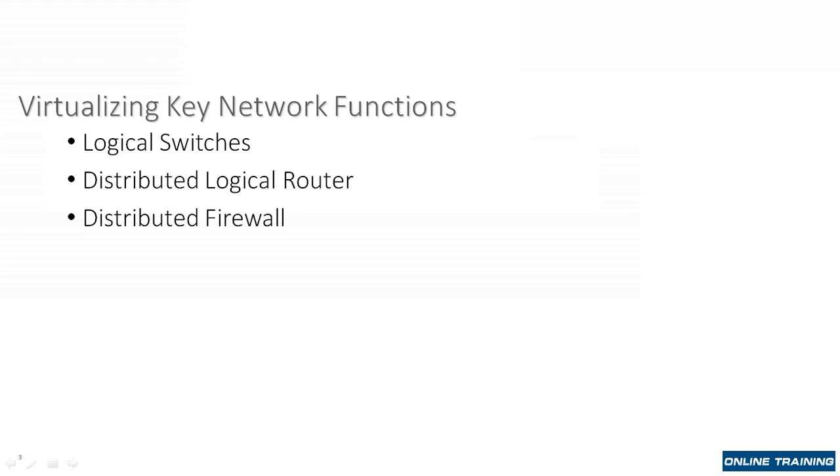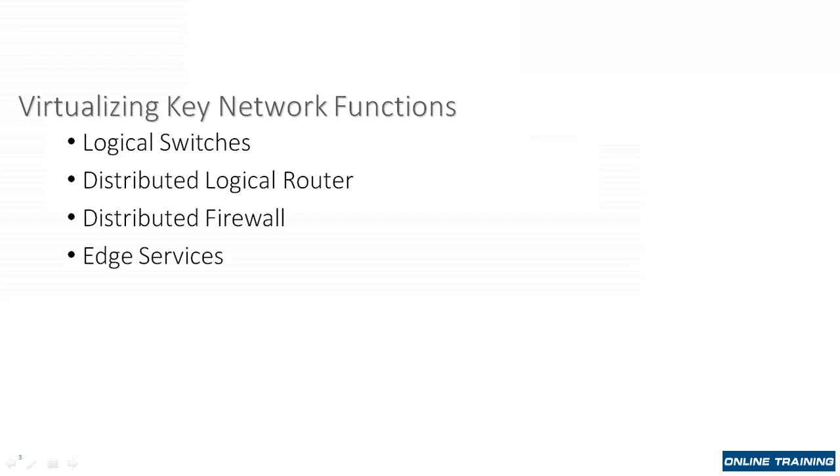You may have heard of a term called micro-segmentation. That's what we try to do with NSX. Right? So NSX comes with a distributed firewall that allows us to configure firewall rules that can be applied at an individual virtual machine level. So it has some huge advancements from a security perspective.